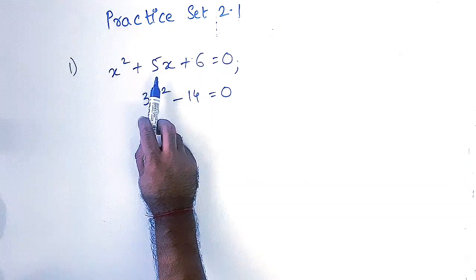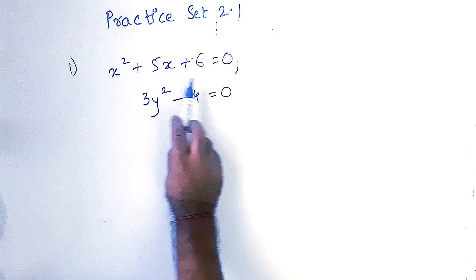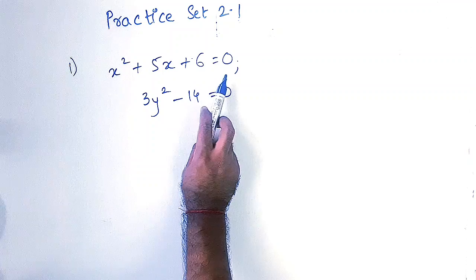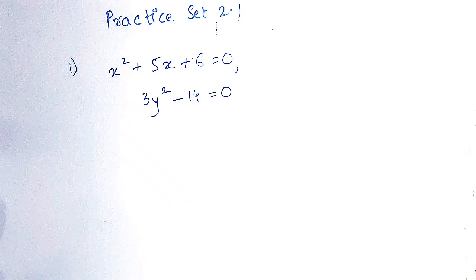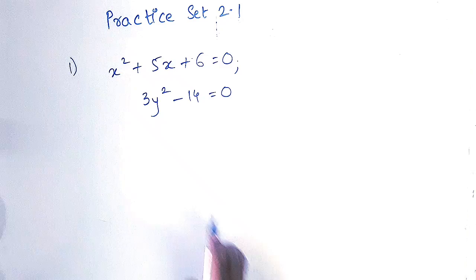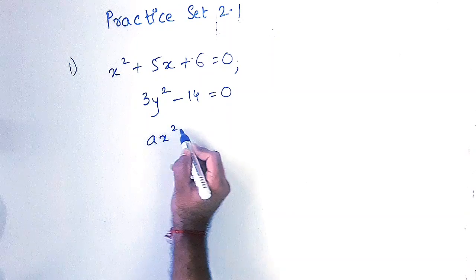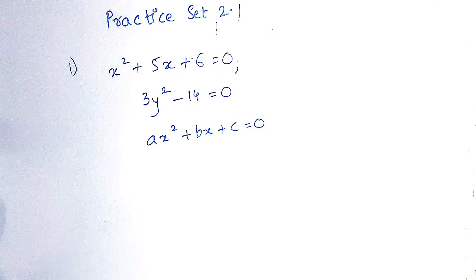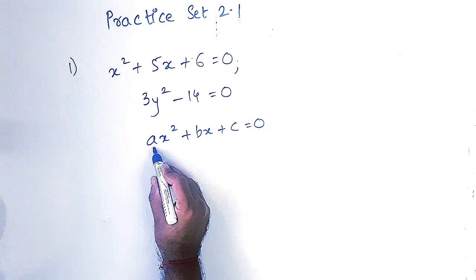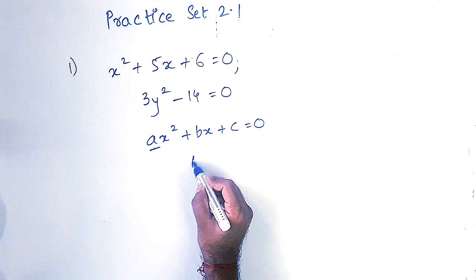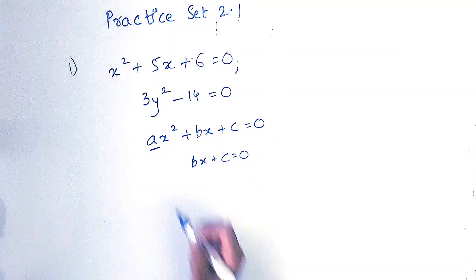So this is the general form of the quadratic equation, ax square plus bx plus c equals 0. Here either a, b or c can be 0. When I am writing ax square plus bx plus c equals 0, if I take a as 0, it will become bx plus c equals 0, because this will become 0.